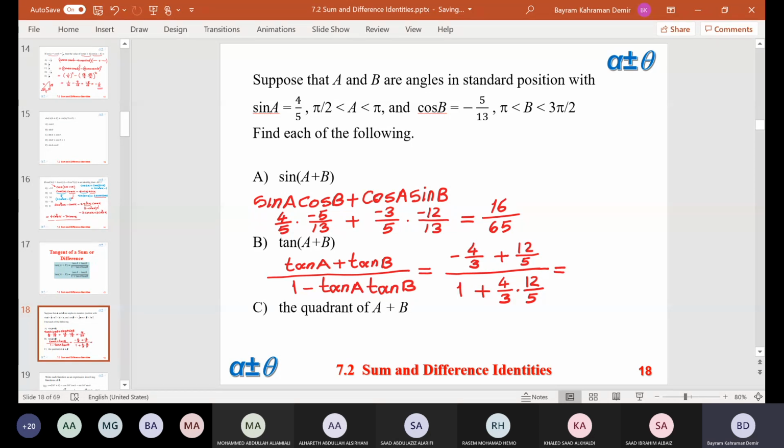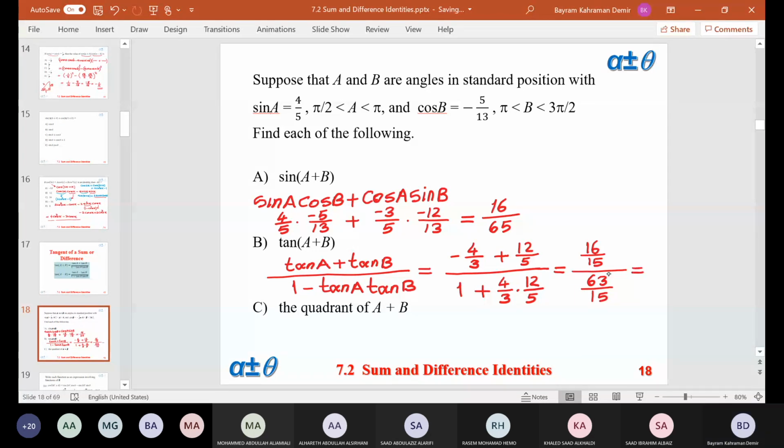Okay, so then we can simplify, Shabab. Let's see how much this is. Well, negative 20 plus 36, so it is 16 over 15, divided by, and this is 48 plus 15 is 63. It will be 1 plus 16 over 5.